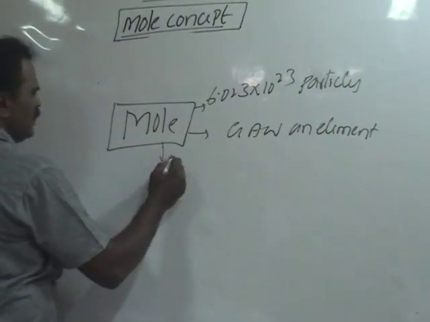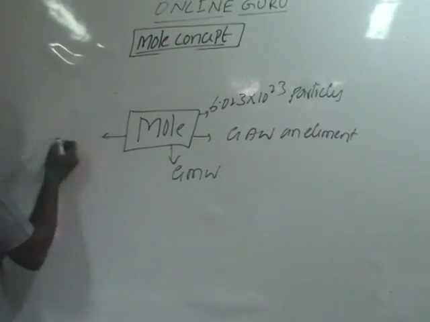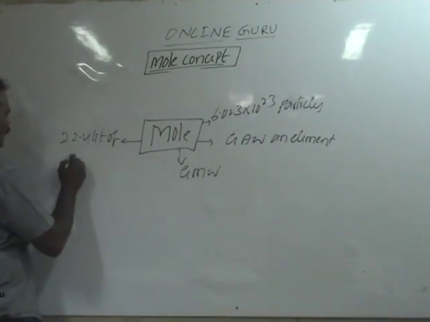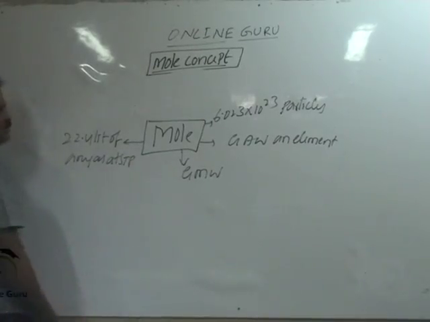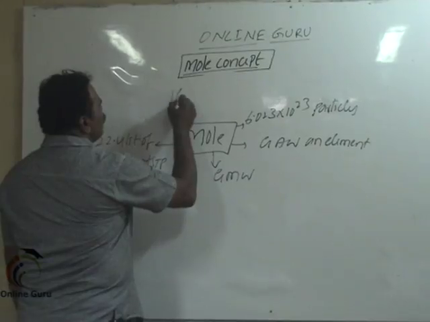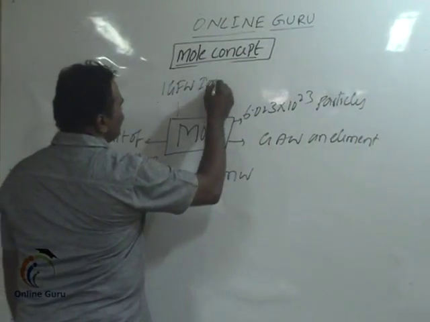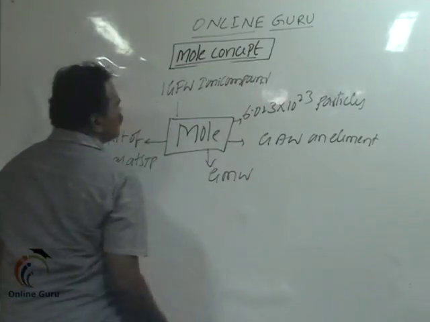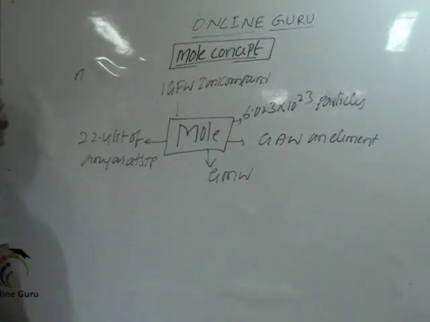Or the gram molecular weight of the compound. Or 22.4 liters of any gas at STP conditions, standard temperature pressure conditions. Or 1 gram formula weight of an ionic compound. Mole is represented by small n.